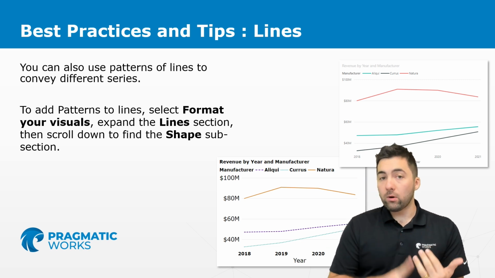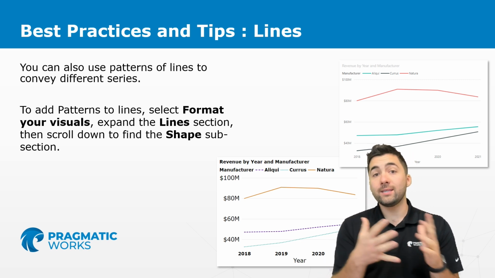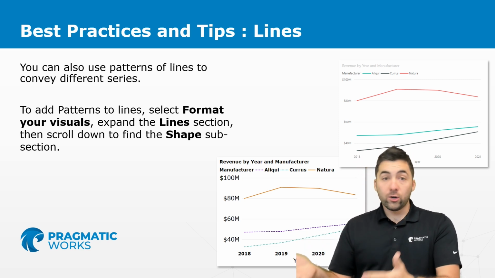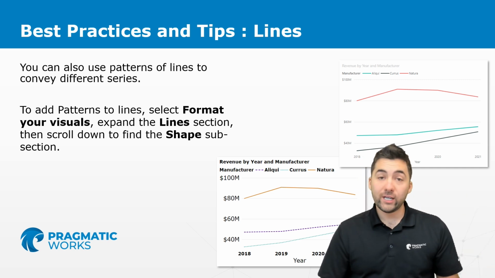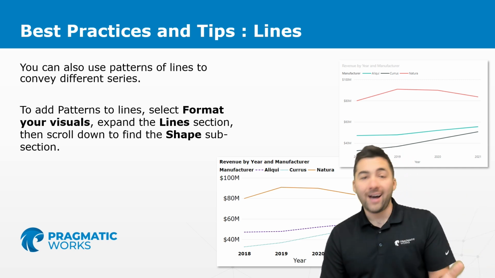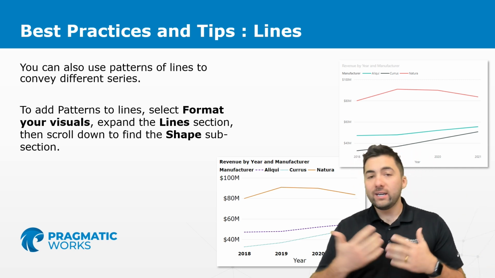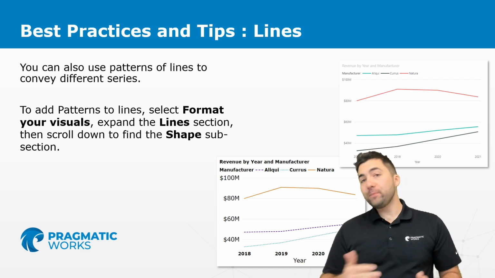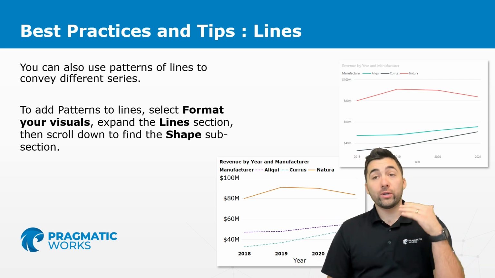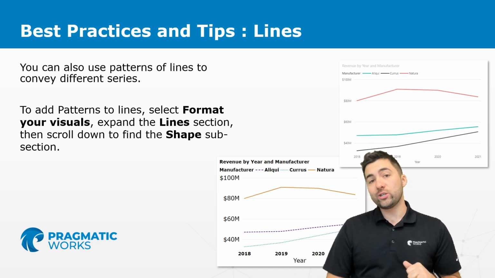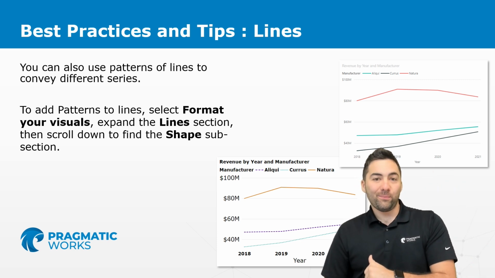So by turning on markers with particular shapes, you can see in the legend what's going on. Here with the lines, you can further differentiate the lines because I know one is dotted, one is dashed, and so on. Same process here. We're going to format our visual. We're going to expand the line section, and we can edit it from there.